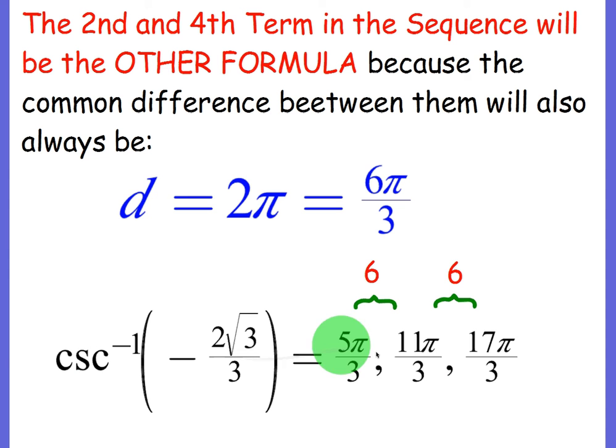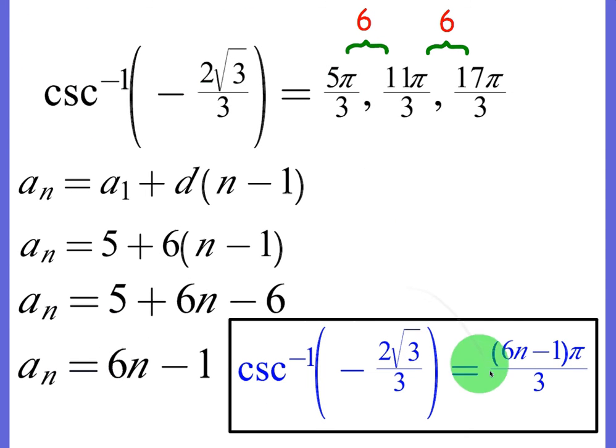Second formula, we had 5 pi over 3. We added 2 pi to get 11 pi over 3. And because that didn't line up with the common difference for all of them, we had to make two formulas. So our second formula looks like there's a difference of 6 again with the coefficients. The starting number is different though, it's 5. Common difference is 6.